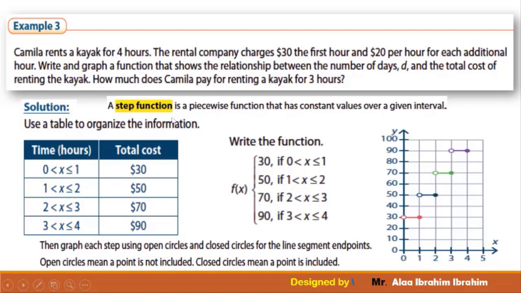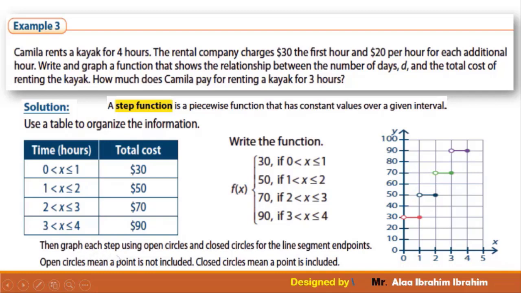So this is another meaning for step function. The step function is many horizontal lines, and all the slopes are zero all the time. And constant, of course, because it is 30 for 0 to 1 and constant from 1 to 2 and so on.